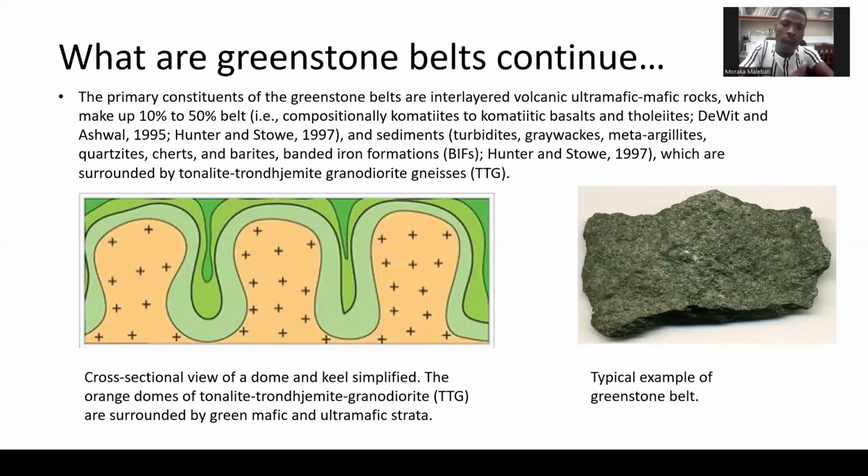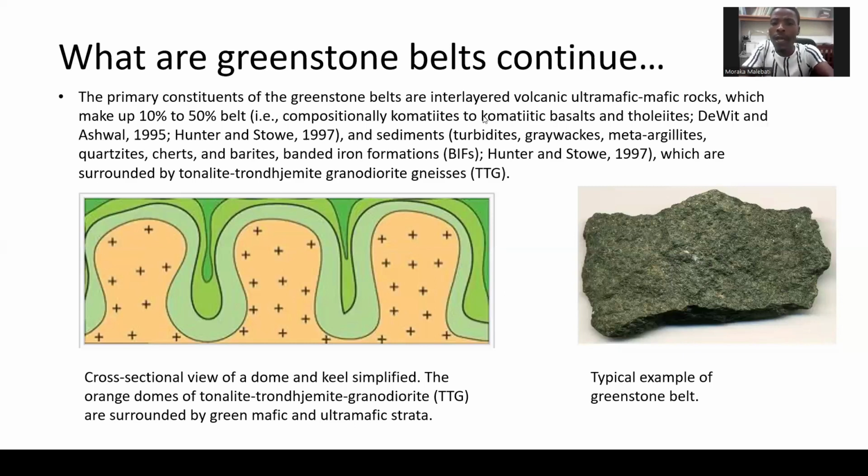All right, now if I were to give you the example of the Barberton Greenstone Belt as a typical frame of reference, you would agree with me that the sediments such as turbidites and greywackes, we know that especially these rocks are unsorted, so they occur mainly in the Fig Tree Group within oceanic trenches, with respect to the Barberton Greenstone Belt.